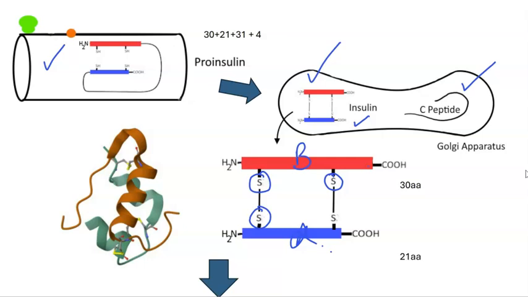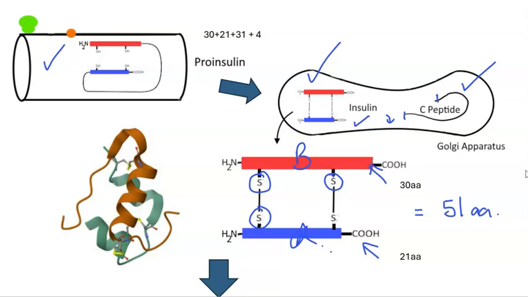Now, this part here is 30 amino acids. This part here is 21 amino acids, meaning that our insulin is actually 51 amino acids. So when we count it all up, we find that we're actually 2 or 3 amino acids short, and this is because when the bonds are broken here, amino acids are actually lost to the system.